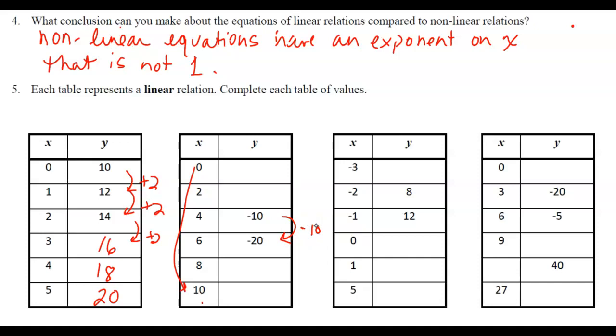So that means we have to go down 10 to get the next and the next. Okay, and so up here we have to think about what we would have to go down 10 by to get negative 10. Well, that would be 0. And so going upwards, basically we're doing the opposite operation. We're adding 10 to go up. So then you can check. Go down 10 works. Go down 10 works. As long as those changes in x are the same.